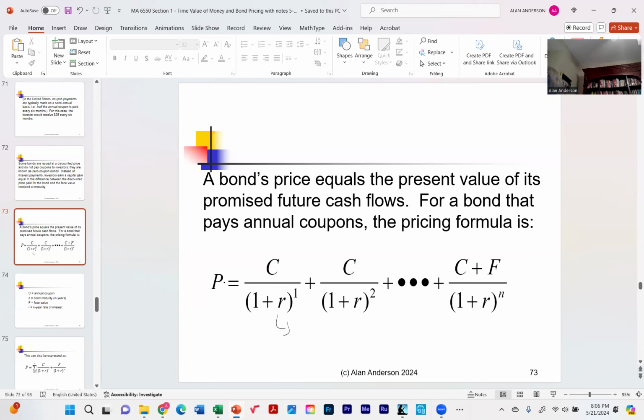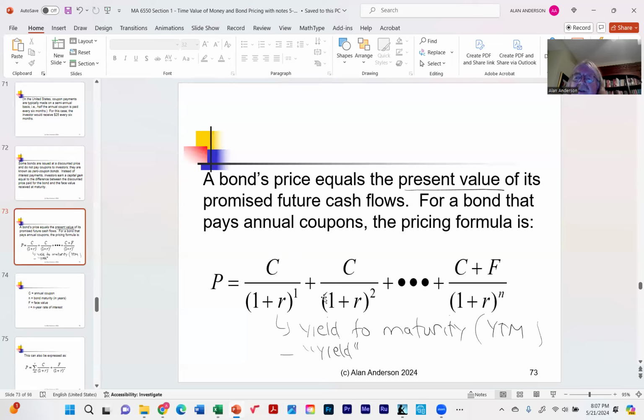When it refers specifically to a bond, this R is referred to as the bond's yield to maturity. It's the only market where we see this name, or sometimes it's just called the yield. That's the rate at which we discount or take the present value of the cash flows. And that's the number that reflects the risk of that corporation or the other issuer. But ultimately, you'll notice the bond's price is nothing but a present value. That's it, literally nothing but a present value.